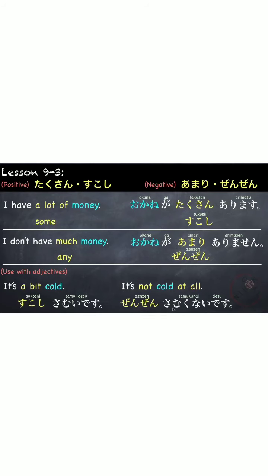It's not cold at all. 全然寒くないです。Next is giving reasons. S1 or sentence 1, that is why, S2 or sentence 2. S1 から S2. Reason から outcome. Or you can reverse it.